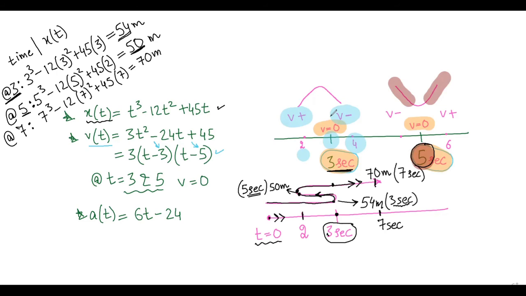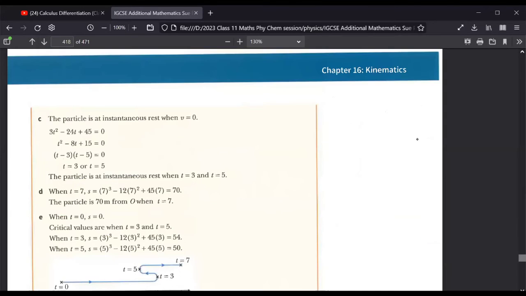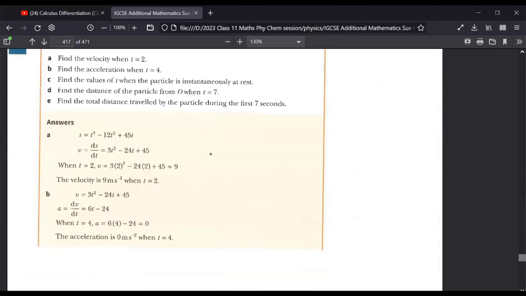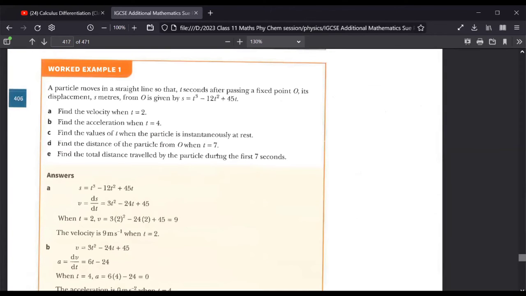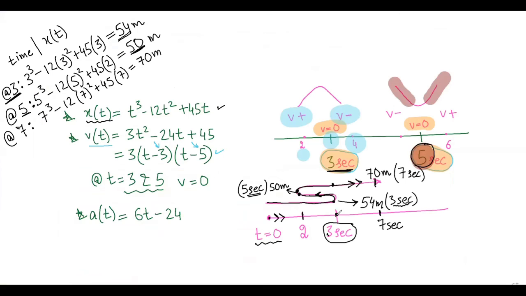And then let us look at the question again, what the question is asking. The question asks the total distance traveled by the particle during the first 7 seconds. So the question is asking us about the first 7 seconds. This is a total of 3 seconds.